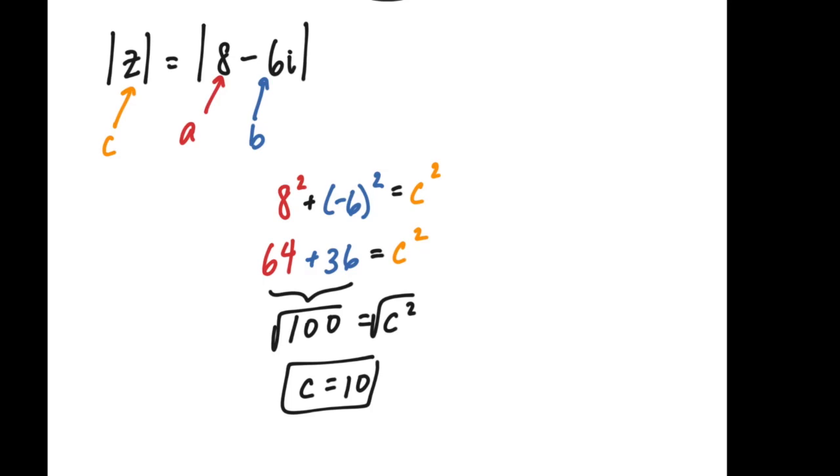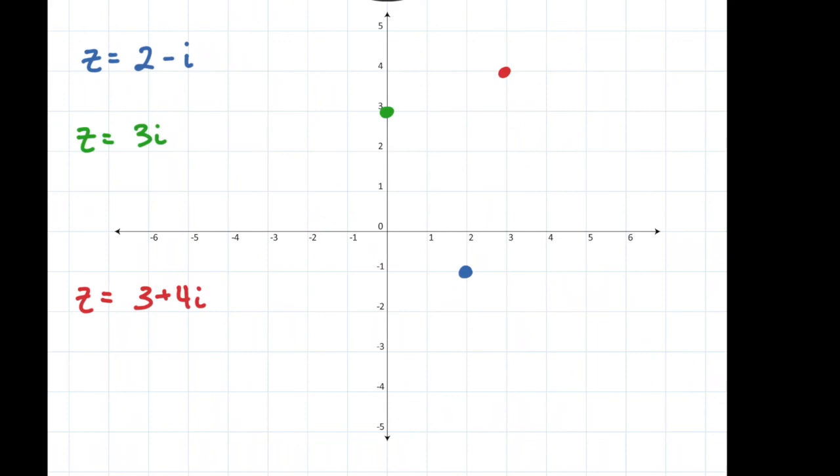So to recap, when we're graphing, this right here is basically your real number. Think of it as X. This is your imaginary. Think of it as Y. So X, remember, is left and right. Y is up and down.